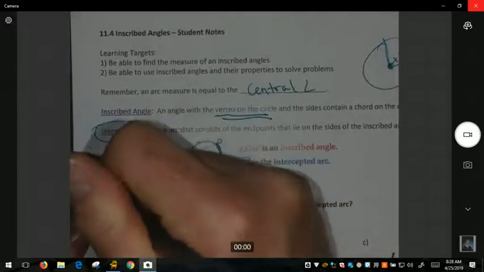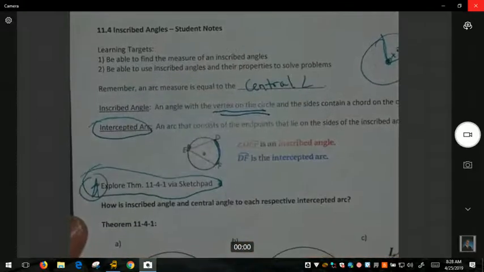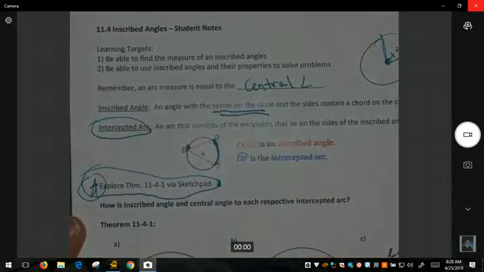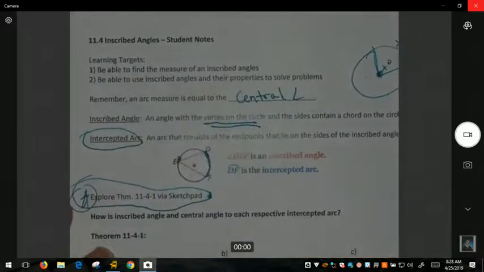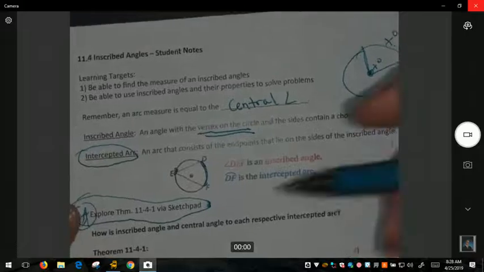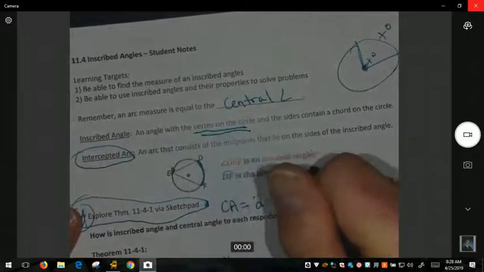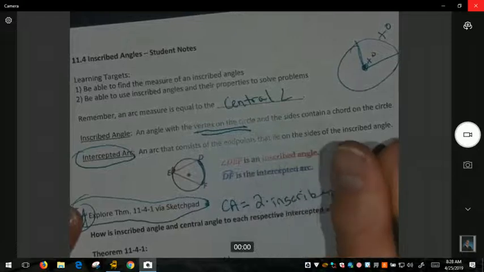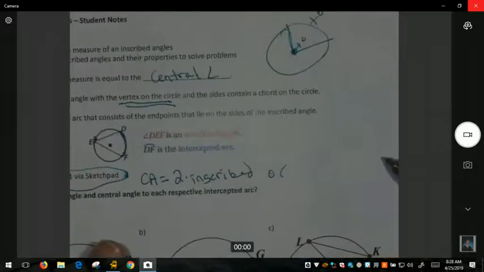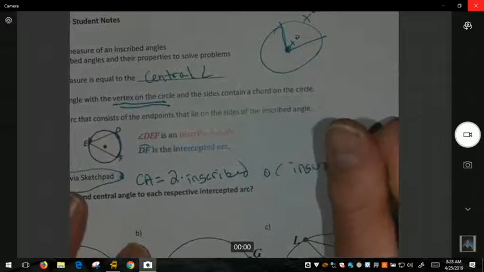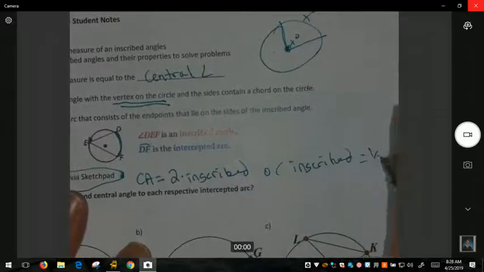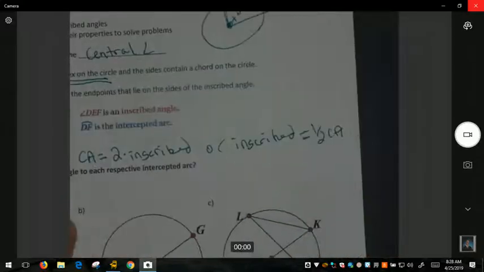We should have already explored this theorem in Geometry Sketchpad, so you should have seen a relationship between the central angle and the inscribed angle: the central angle is 2 times the inscribed angle, or conversely, the inscribed angle is half the central angle.